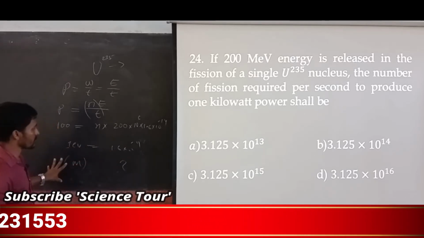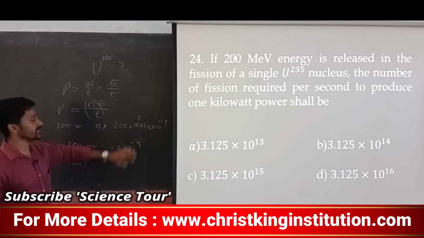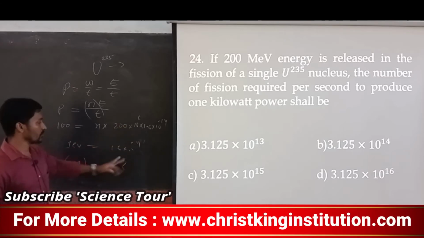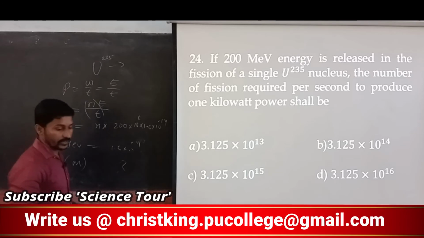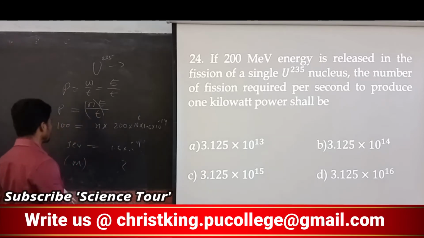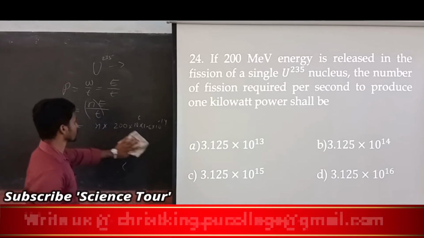So 200 MeV means 200 into 10 to the power 6 eV, and that many joules. You have to go through it carefully again.